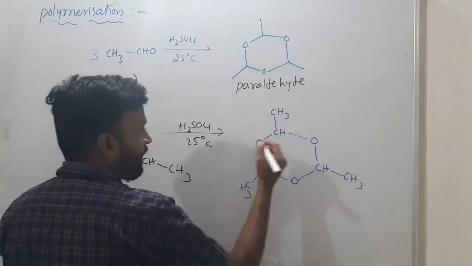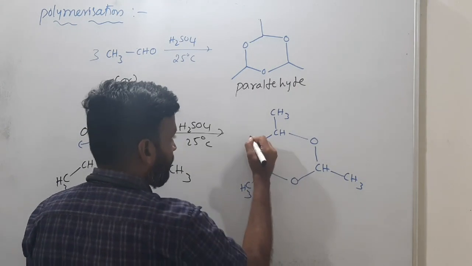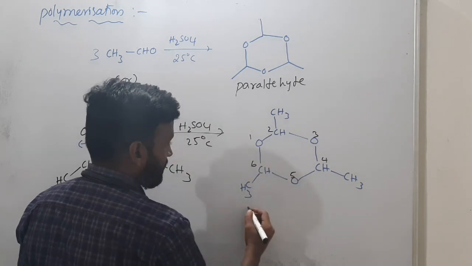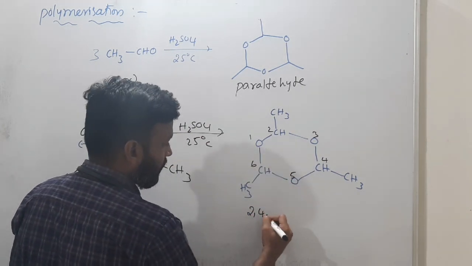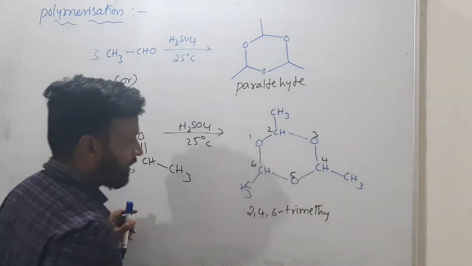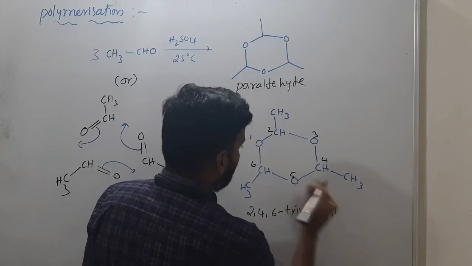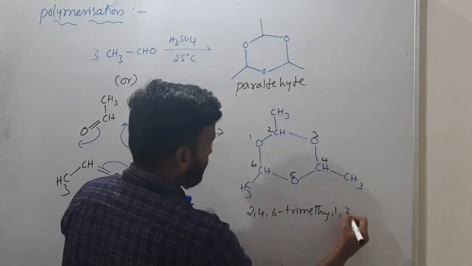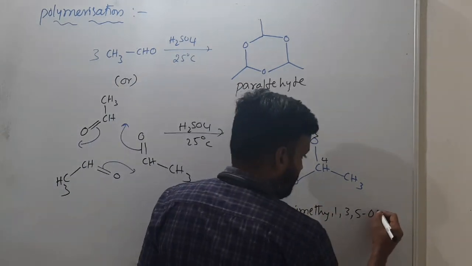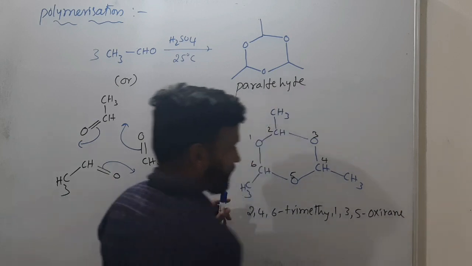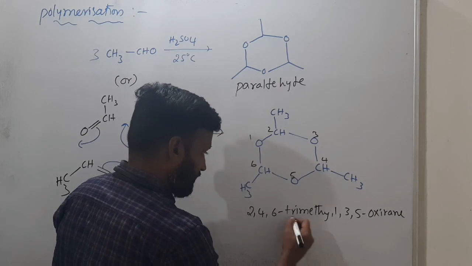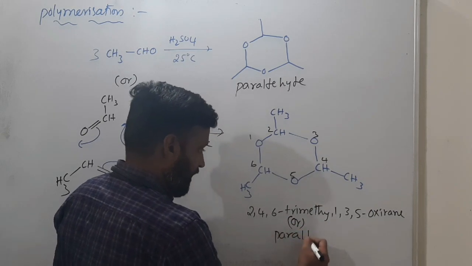You can also give the IUPAC name, numbering 1, 2, 3, 4, 5 and 6: 2,4,6-trimethyl, and the oxygens are at positions 1, 3, 5. Very important. This is the IUPAC name, and this is called paraldehyde.